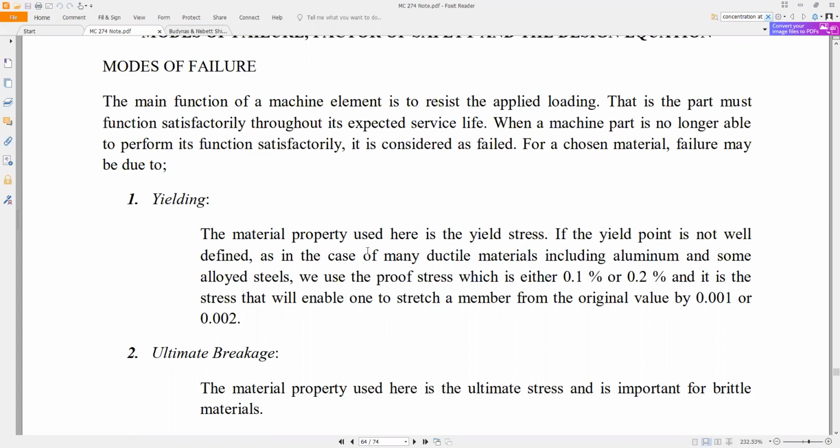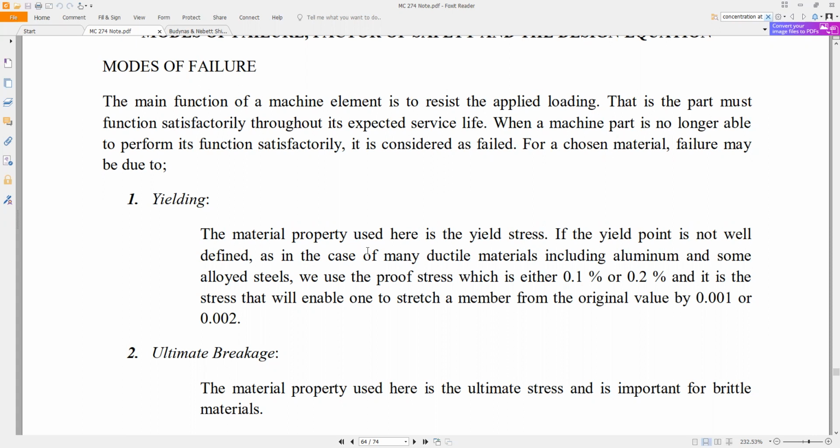If the yield point is not well defined, as in the case of many ductile materials, including aluminum and some alloy steel, we use the proof stress, which is either 0.1% or 0.2%, and it is the stress that will enable one to stretch a member from the original value by 0.001 or 0.002.